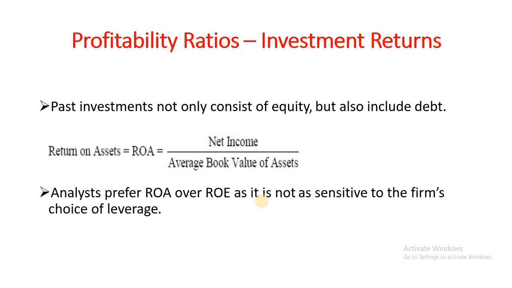This is why analysts prefer return on asset over return on equity, because return on asset includes both debt and equity. So return on asset means it's the total investment of the firm, and return on asset is not as sensitive to the firm's choice of leverage.